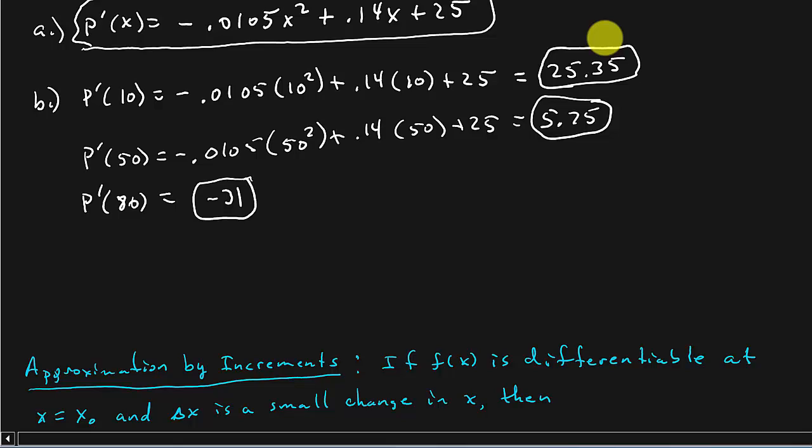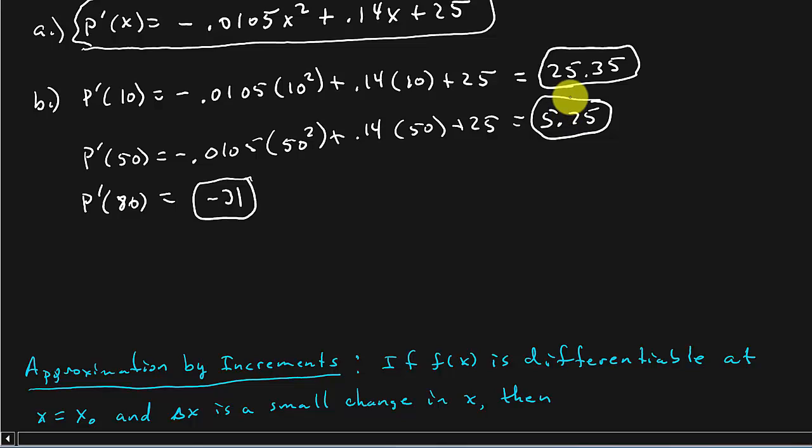So going from 1000 to 1100 units, that's going to increase the profit by $25.35 thousand. And then here, if we go from 50 to 51, that's going to increase the profit by about $5,750.